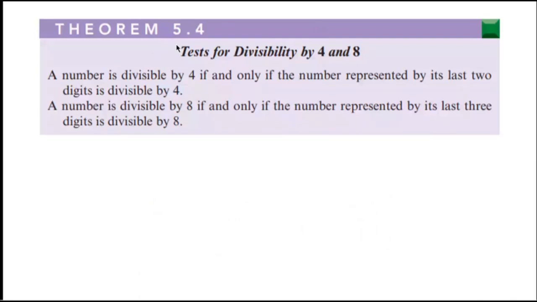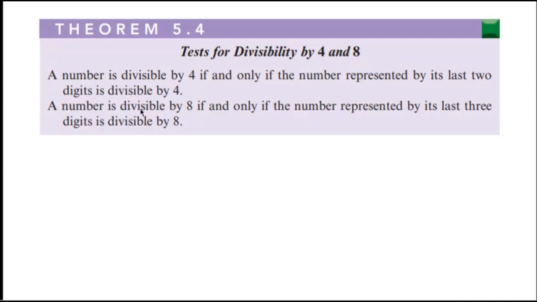Okay, next theorem, 5.4, test for divisibility by 4 and 8. A number is divisible by 4 if and only if the number represented by its last 2 digits is divisible by 4. Titignan mo lang yung last 2 digits, dapat divisible by 4.